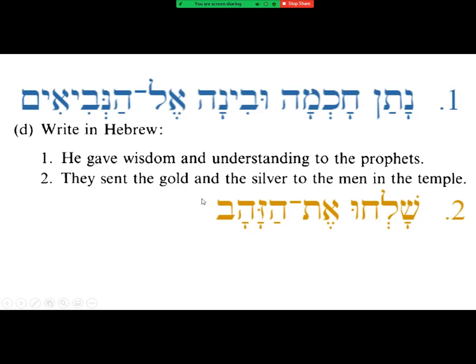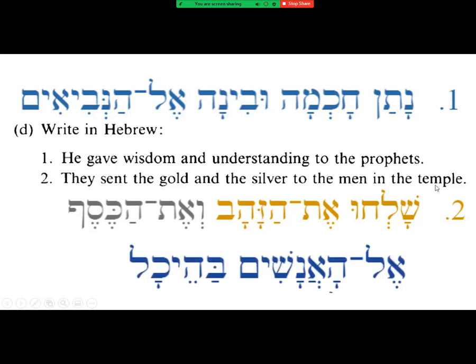Okay, and the silver is going to be kesev, and that would be hakesev, and you put the et, so that would be the et hakesev. This is in silver writing, okay, so in the silver, to the men, okay, so it's going to be al hanashim, in the temple. Temple is hekal, and so ba hekal. So that's that one. So they sent the gold and the silver to the men in the temple.